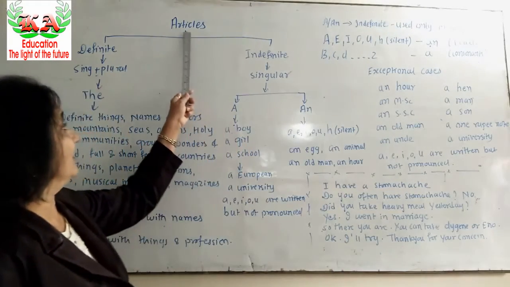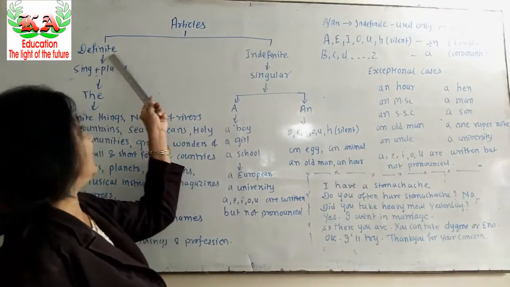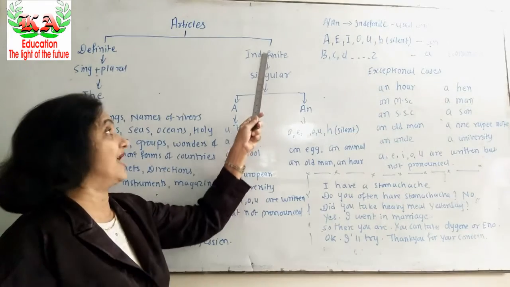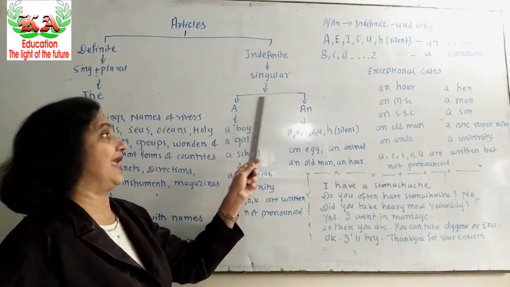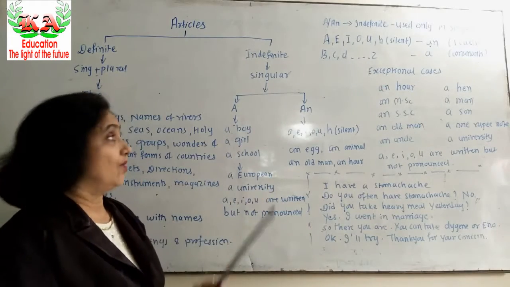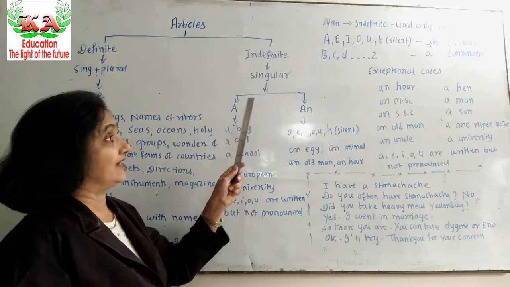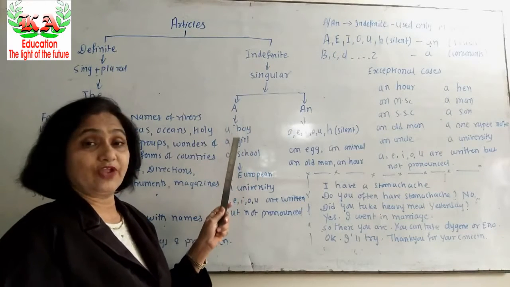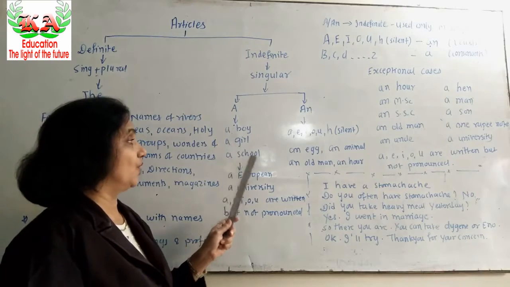Here we see articles. They are divided into two different types, that is definite and indefinite. Indefinite comes only in singular, that is a and an. Now with a, we know that with consonants we use a. That is a boy, a girl, a school.